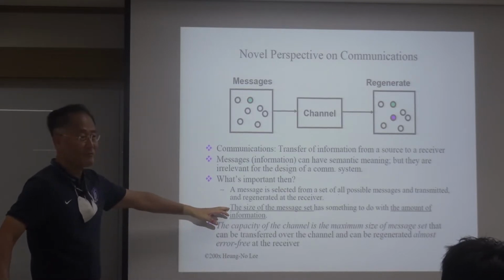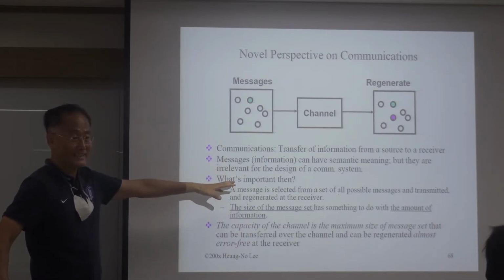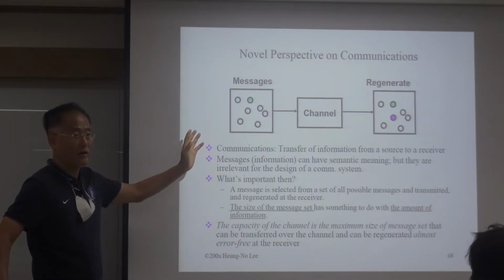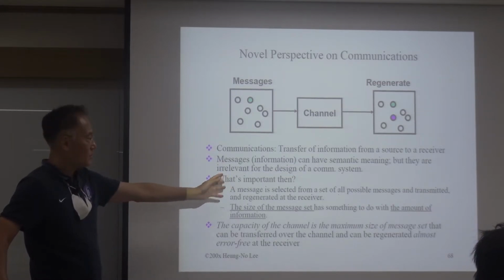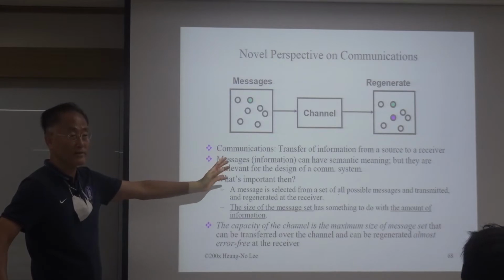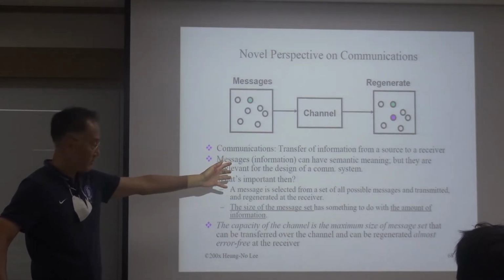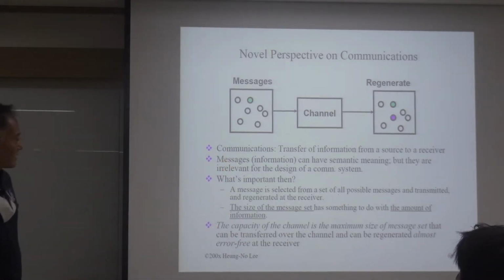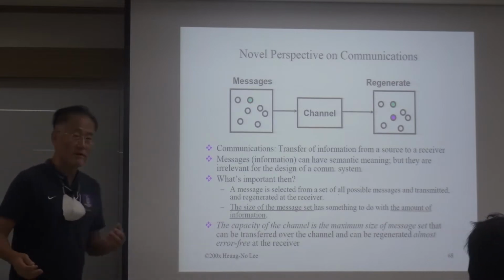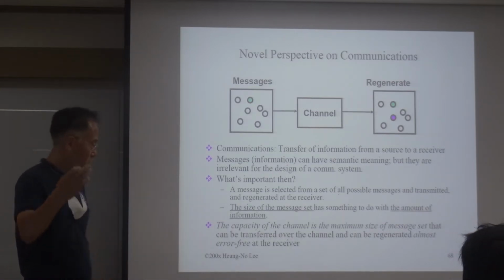When he talks about information, he talks about the size of the message set that can be sent over a noisy channel with almost no errors occurring at the receiver. That's what he means by information. So he's trying to say there is a limitation in the amount of information that can be transferred from one location to the other.